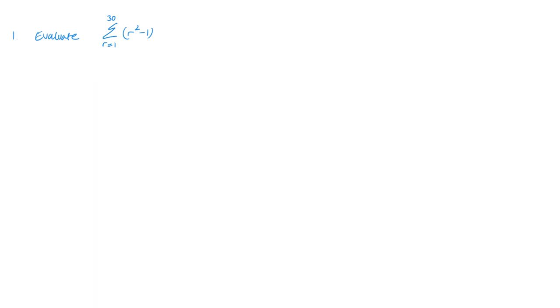Okay, this first one is just a straightforward evaluate. So what we want to do is turn the r squared into 1/6 n plus 1, 2n plus 1, where n is 30. Sorry, let me just separate these out first so that we write it out properly.